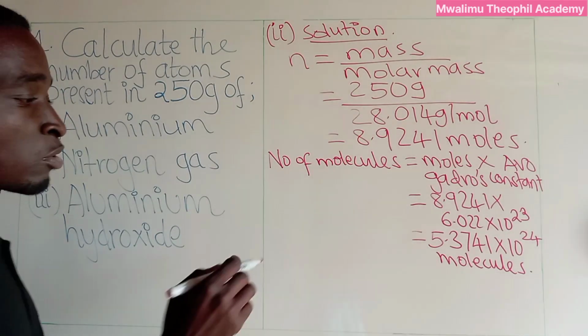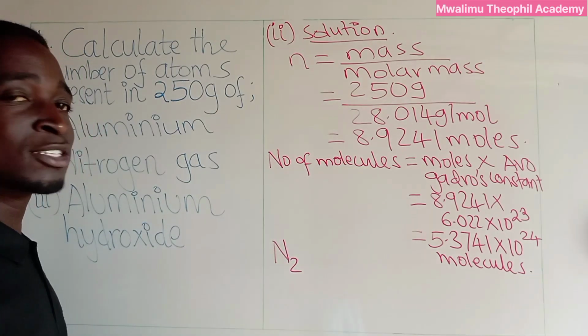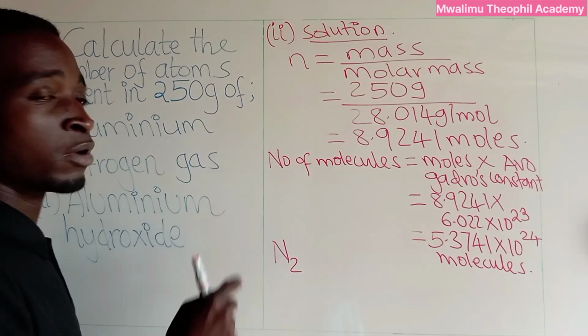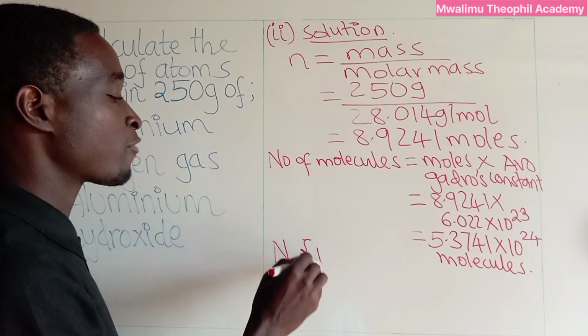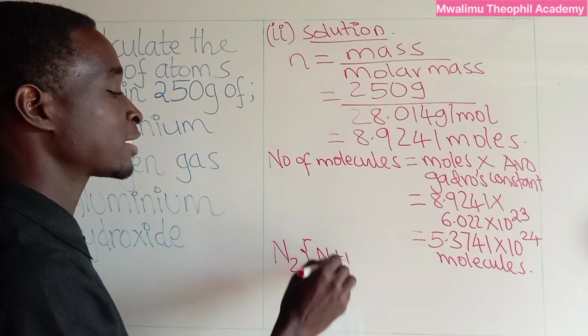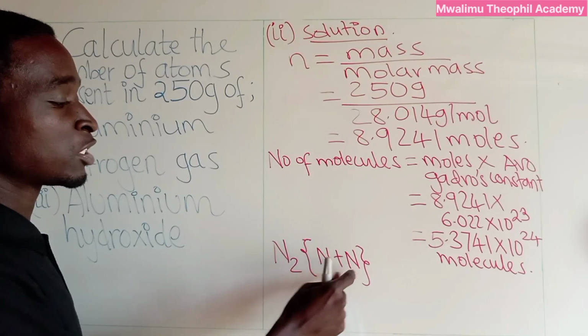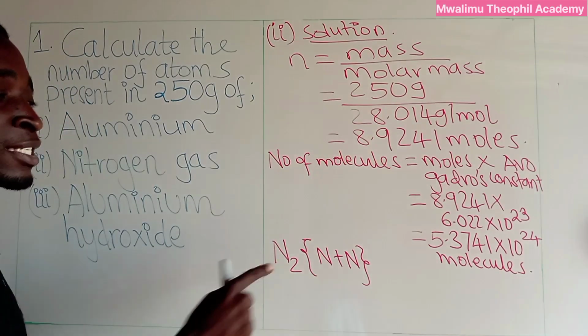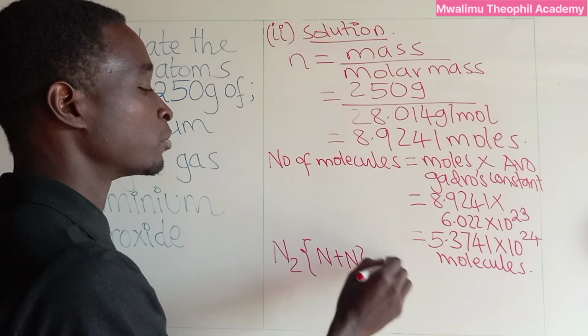One molecule of nitrogen gas, which exists as a diatomic molecule, has two atoms, whereby we have one nitrogen and another nitrogen. When we take nitrogen plus nitrogen, that is where we get nitrogen gas as a diatomic molecule. So we have two atoms.